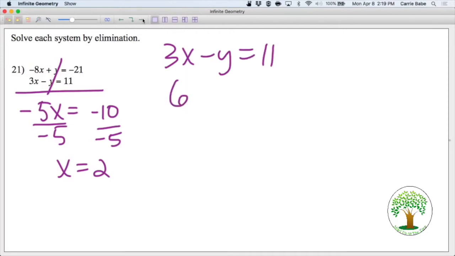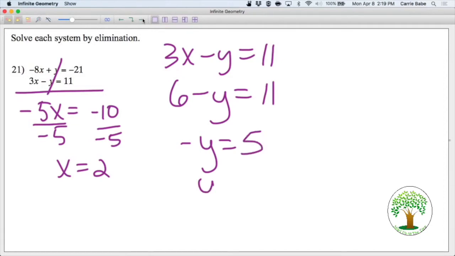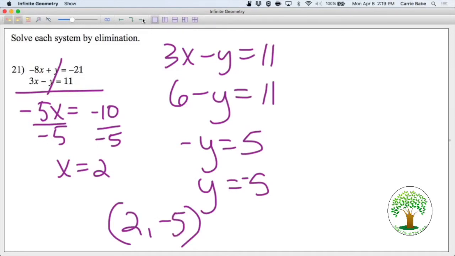So it'll be 6. Move that over by subtracting. Negative y will equal 5, and y will equal negative 5. How do I write my answer? Open parentheses 2, comma, negative 5, as an ordered pair. This was what we did last week.